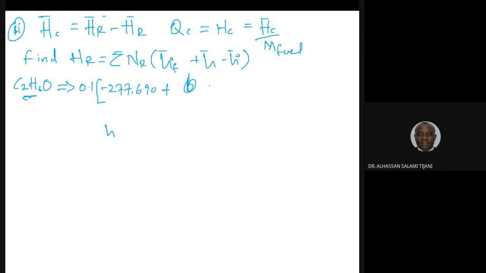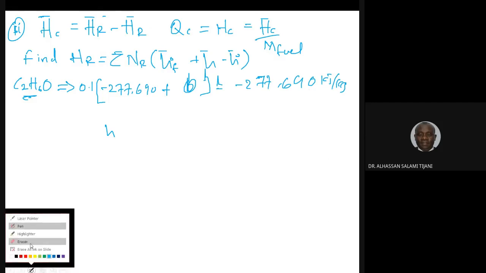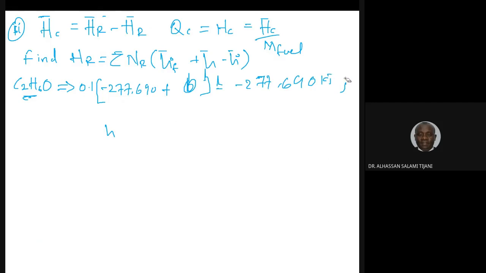So this will give me 0, and then plus this gives me minus 277,690 kilojoules per kilomole.